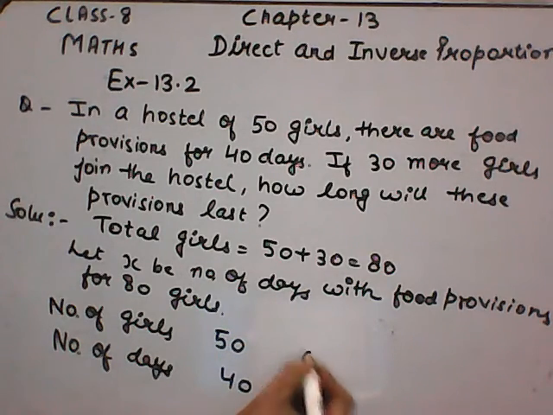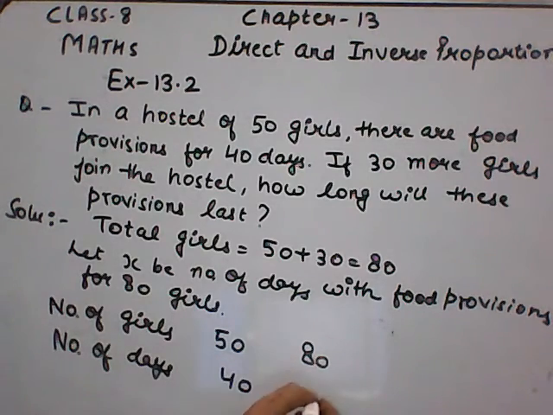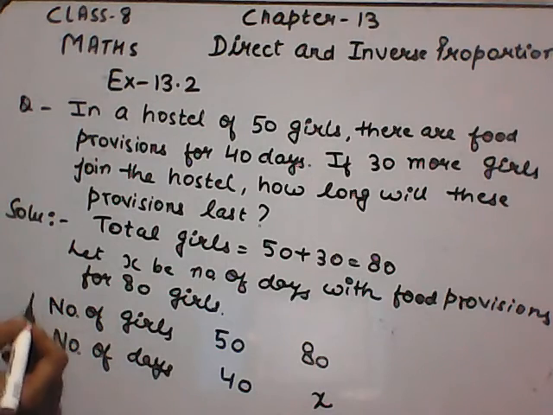If there are 80 girls, then you have to find out how many days the food provision will last. Suppose X number of days. As the number of girls increases, the food provision will decrease. So there is a case of inverse proportion.